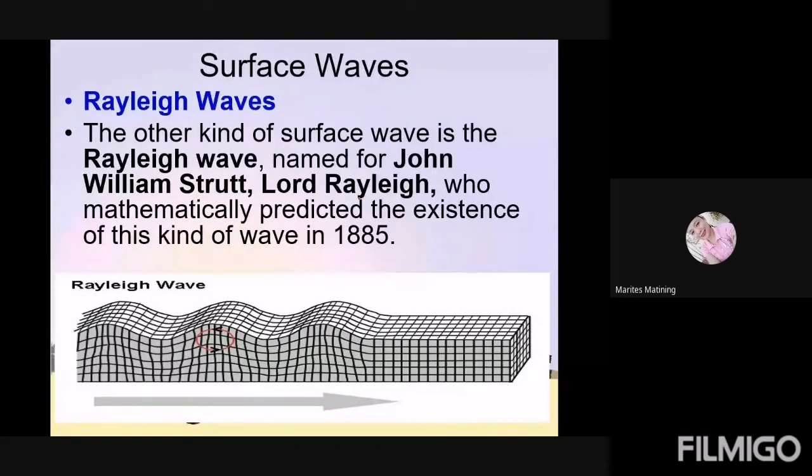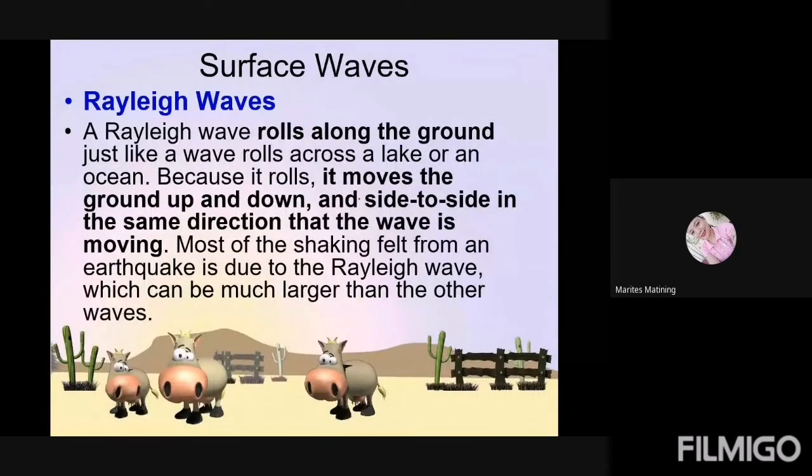Ayan, so Rayleigh waves is the other kind of surface waves, okay, named after John William Strutt, Lord Rayleigh, who mathematically predicted the existence of this kind of wave in, okay, mas matagal ito, 1885. So, Rayleigh waves rolls along the ground.